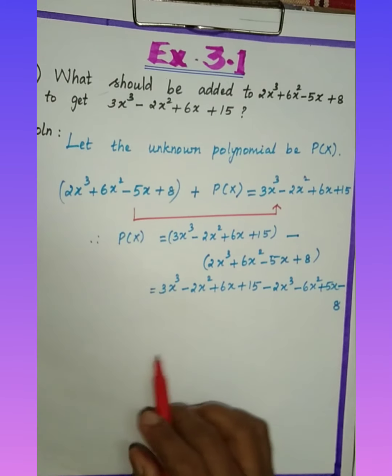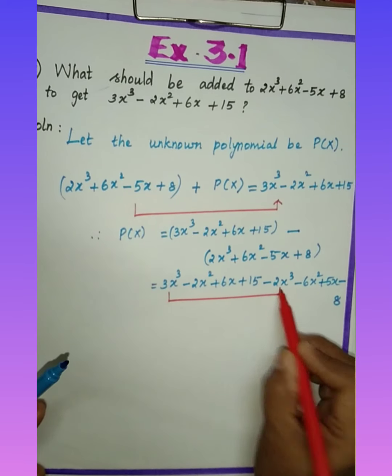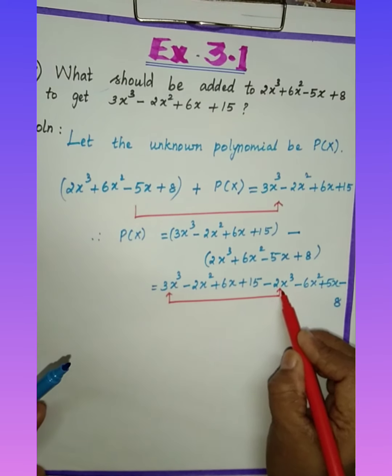Now we can group the like terms: 3x power 3 and 2x power 3 terms, so we can group these two.